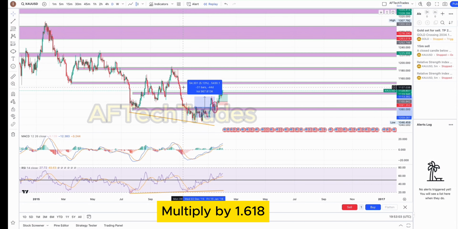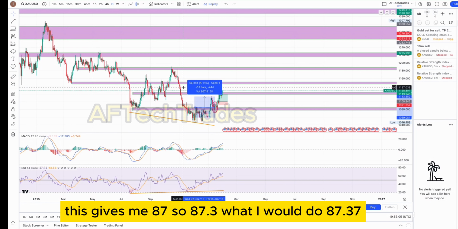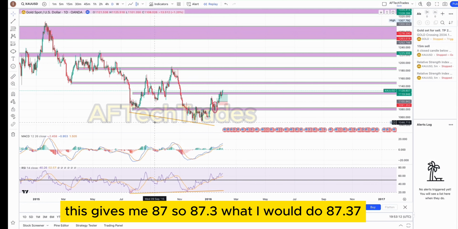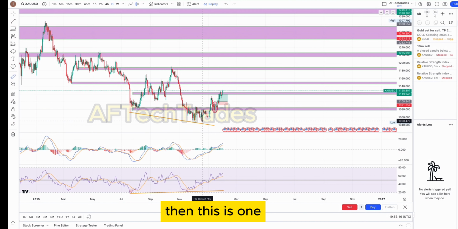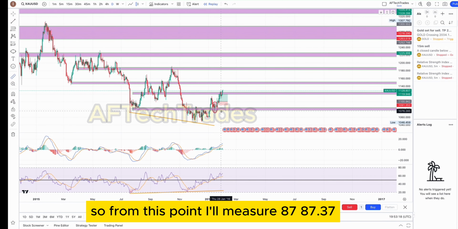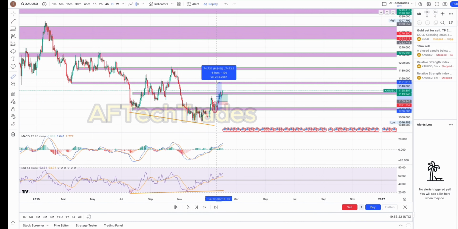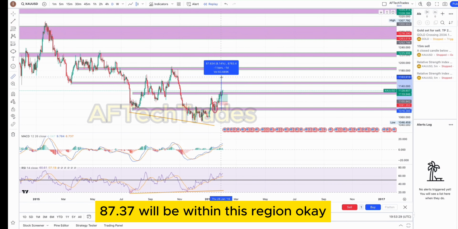This gives me 87.37. I will take the ruler again. Then this is 1. So from this point, I'll measure 87.37. It will be within this region.